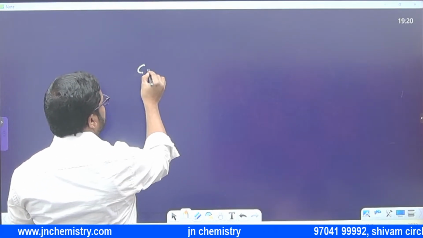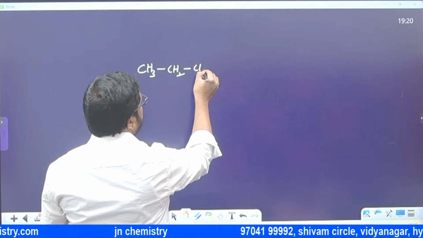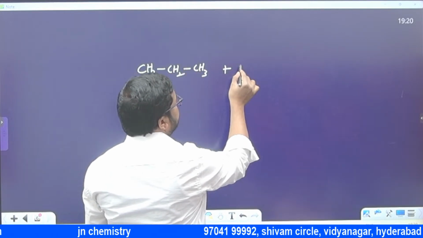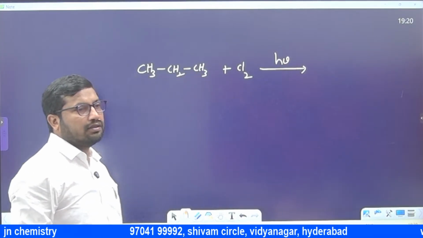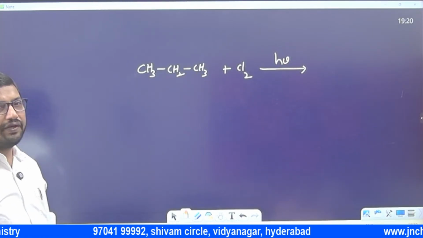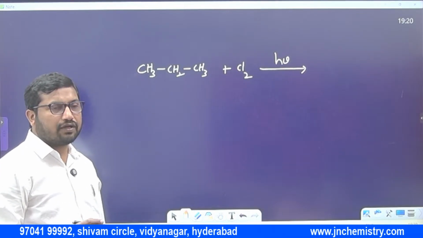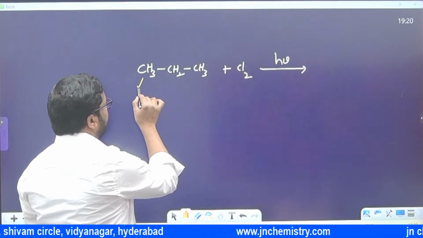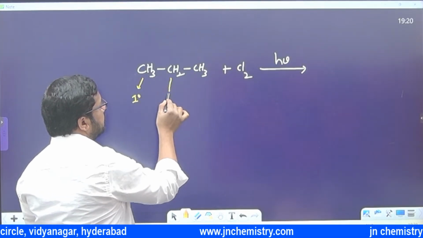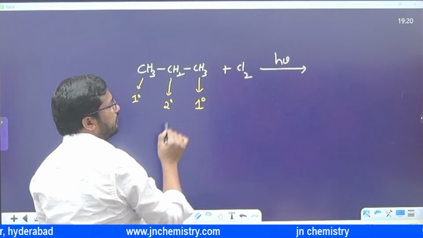Next, for example, CH3CH2CH3 plus Cl2, sunlight. So how many types of carbons are here? This is 1 degree, this is 2 degree, this is 1 degree.